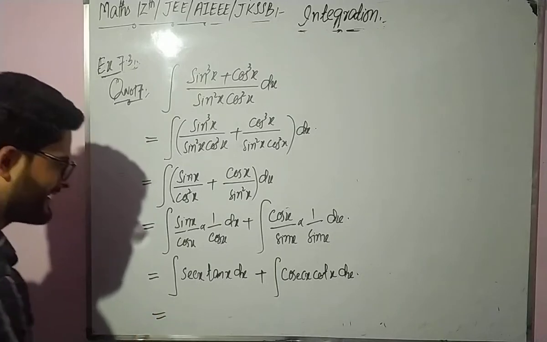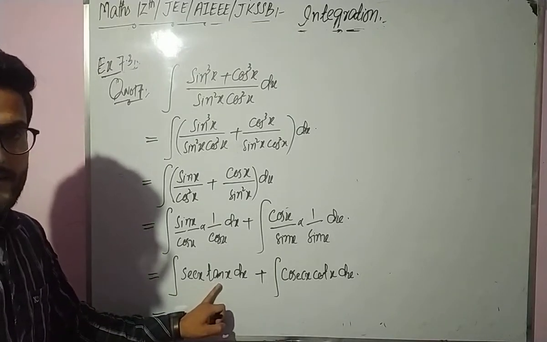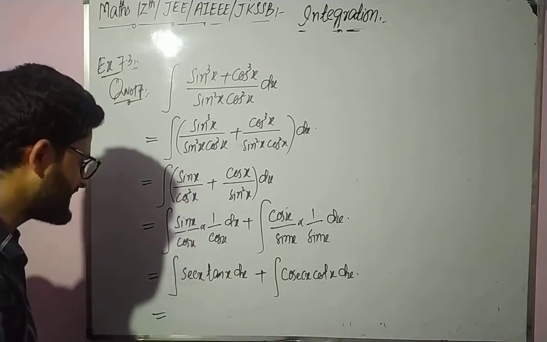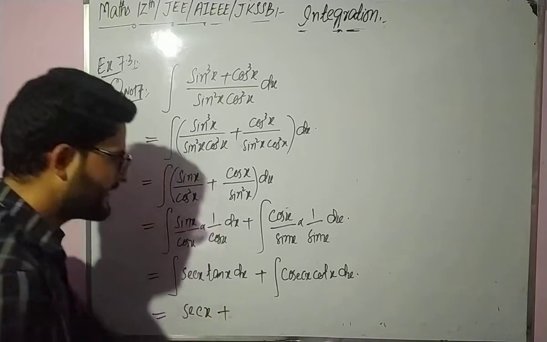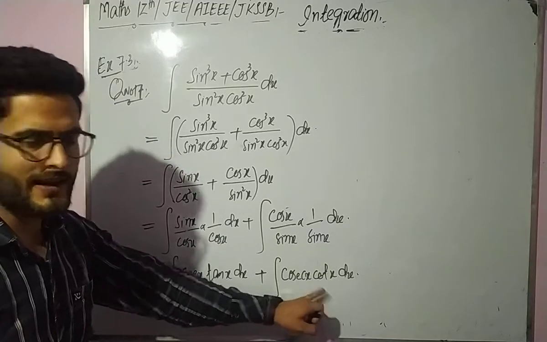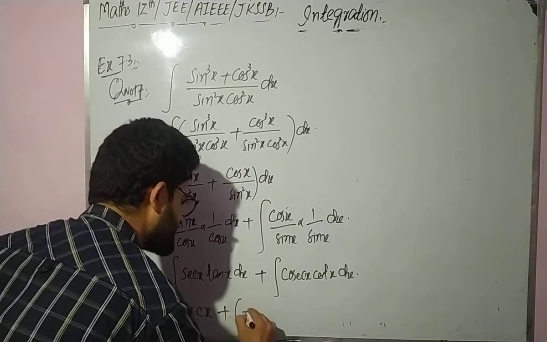So that can be further written as sec x tan x is a standard integral and its integration is sec x. So answer is sec x plus cosec x cot x is a standard integral, its integration is minus cosec x.